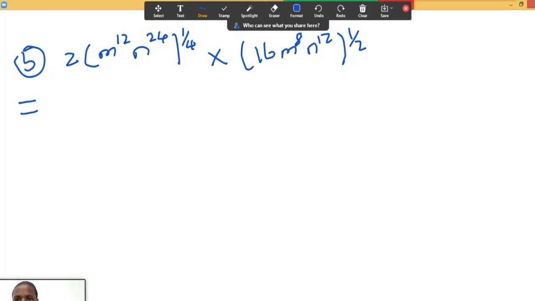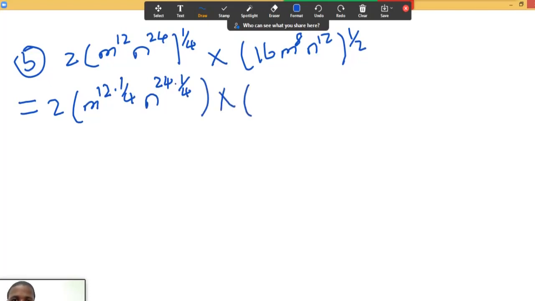Let's look at maybe the first thing we can do, we can keep our 2 here, and then you can say you have m to the power 12 multiplied by 1 over 4, and then we have n to the power 24 multiplied by 1 over 4, all multiplied into 16 m to the power 8 times half.